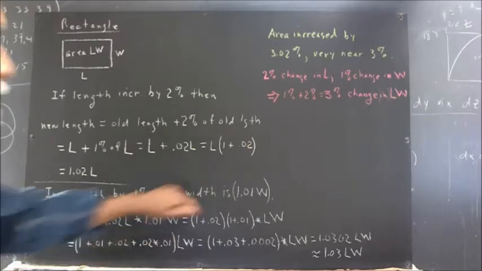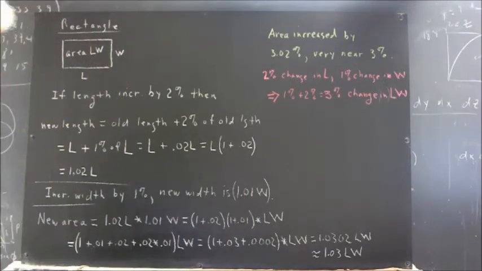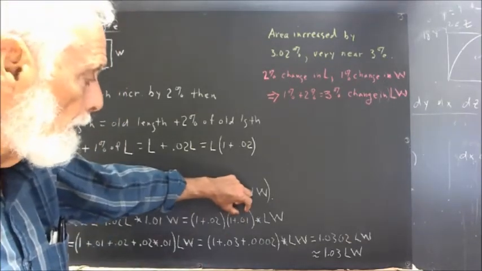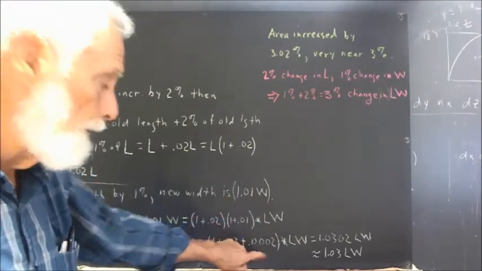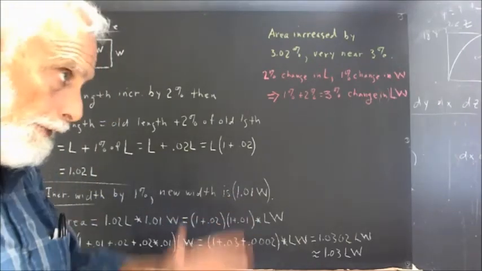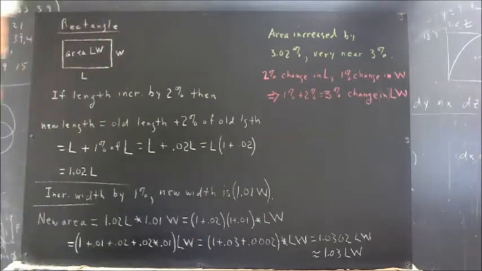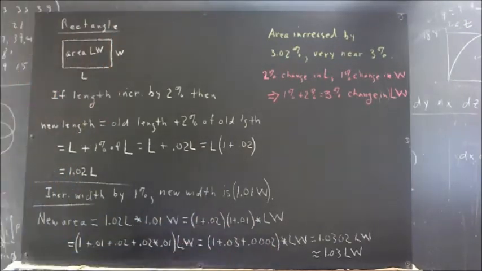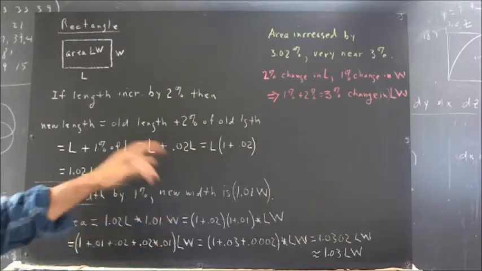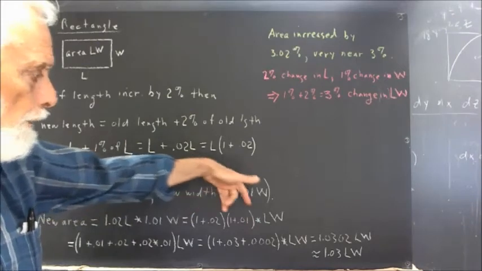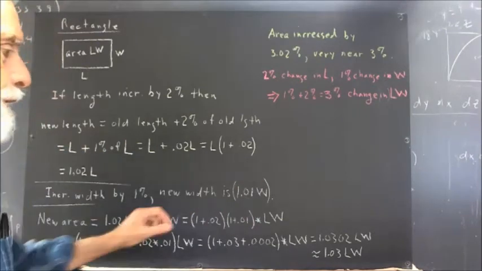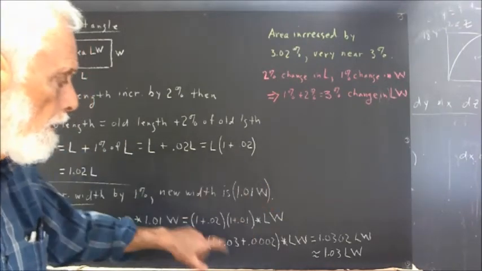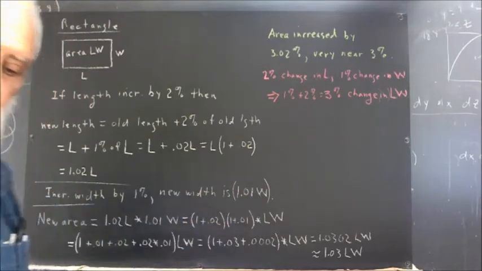Now we also had 0.02 times 0.01. Since both of these are small numbers, their product is a really small number, as you should understand if you understand what multiplication really means. Okay, so this number becomes pretty much disposable. So within a good approximation, if we're having a small percent change in two numbers, to get the change in their product, we just add those percents.